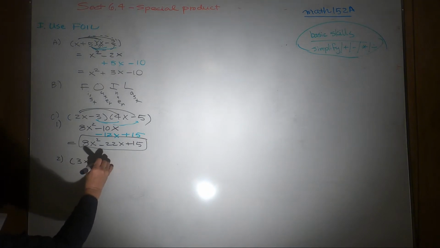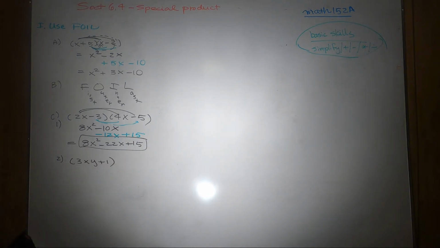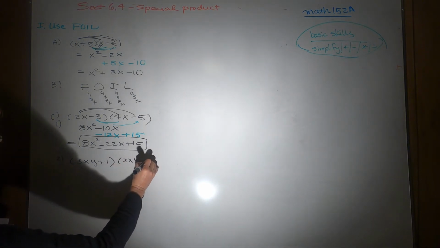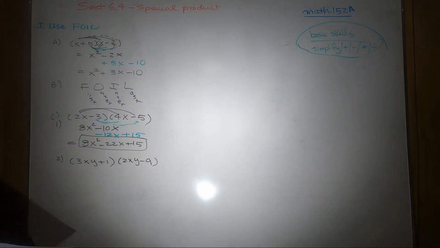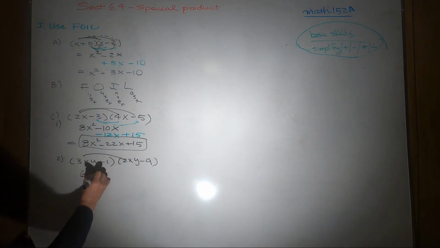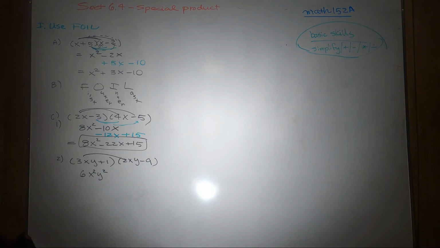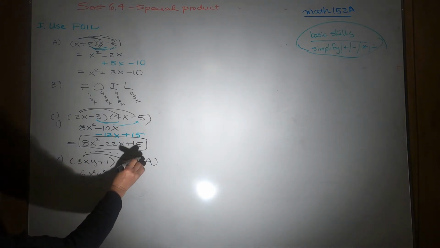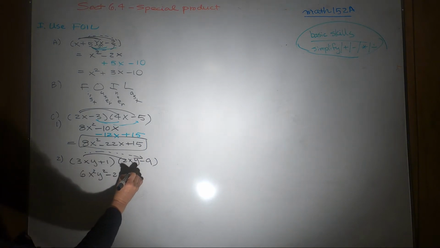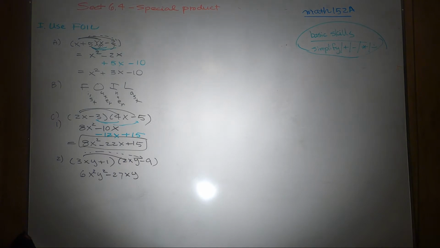Let's do the second one. So 3xy plus 1. How many terms do we have? 2. Then 2xy minus 9. How many terms do we have? 2. 2 terms times 2 terms. We will use what? FOIL. Right? 3xy times 2xy is what? 6x squared y squared. Then the outer, 3 times 9, minus 27xy, right?